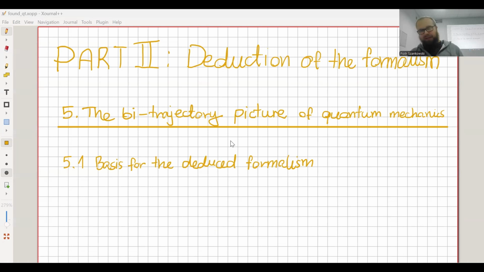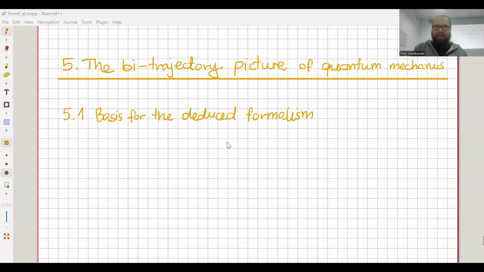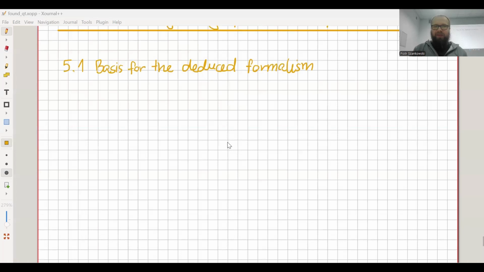All right. So first comment: we are building here phenomenological quantum mechanics.